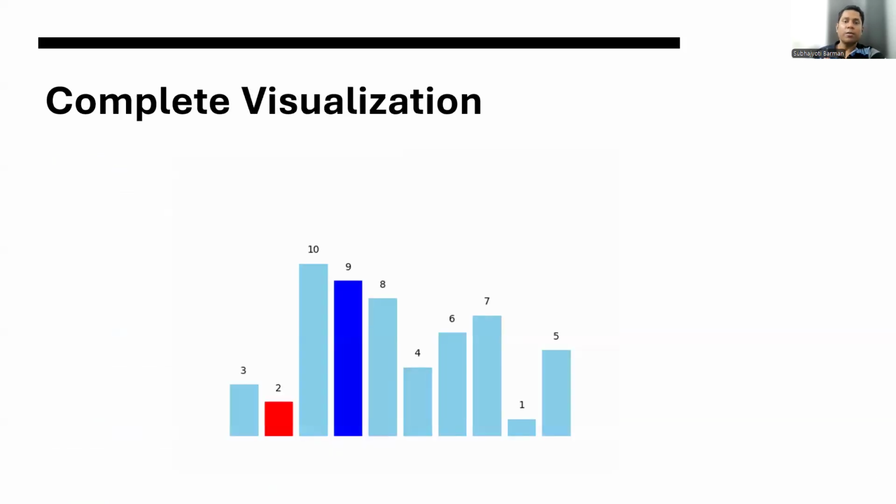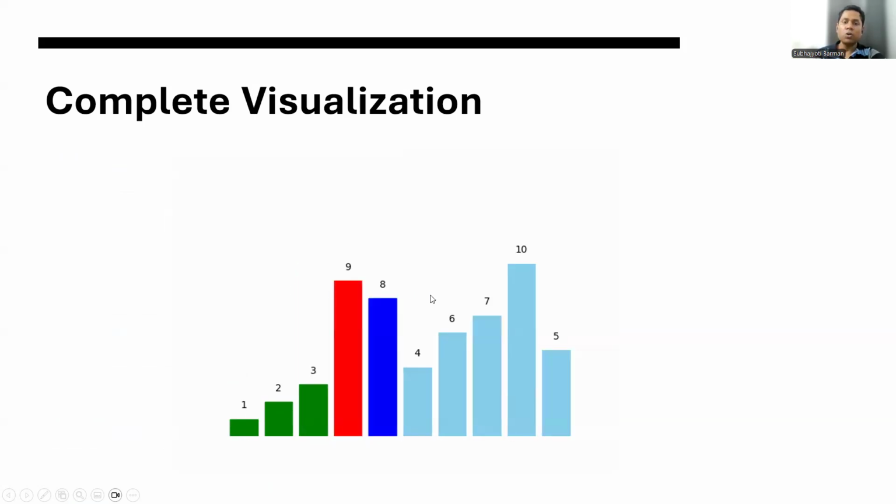So you can visualize the concept of selection sort in this animation. Here, green color is used to indicate the sorted segment of the array, and sky blue is used to indicate the unsorted part.